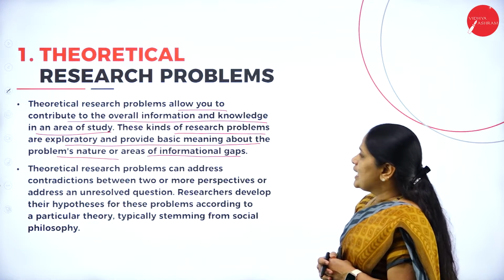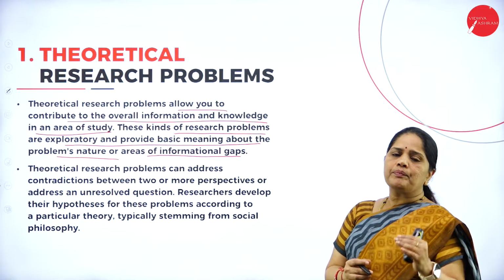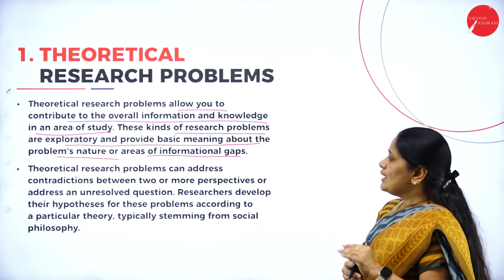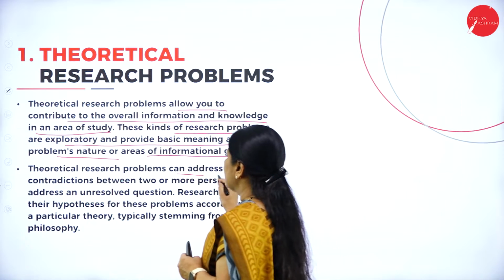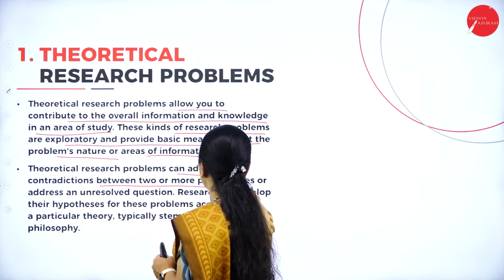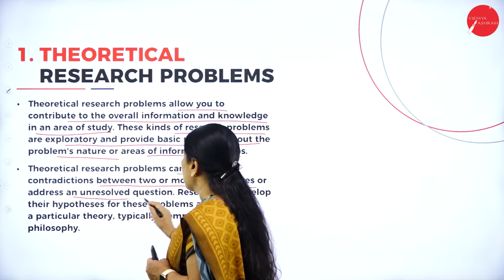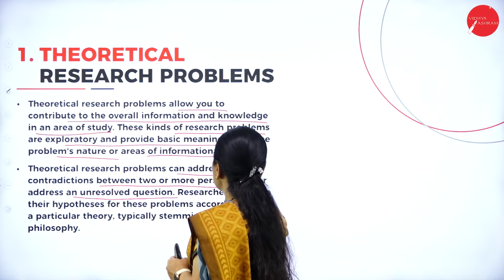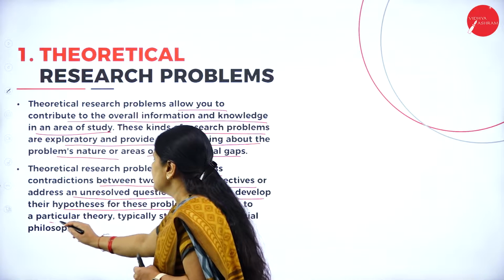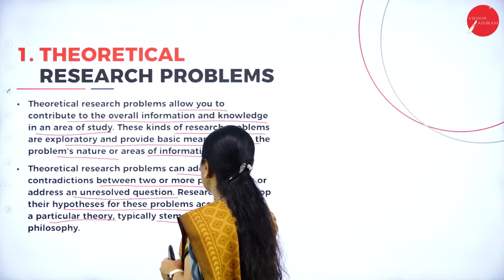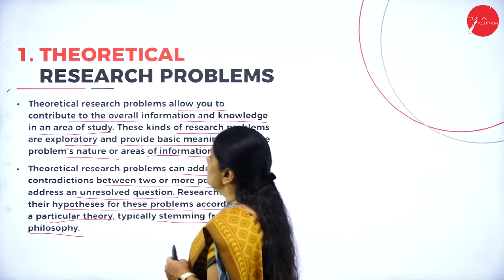They can address a contradiction between two or more perspectives or an unresolved question. Researchers develop their hypothesis for these problems according to a particular theory, typically stemming from social philosophy.